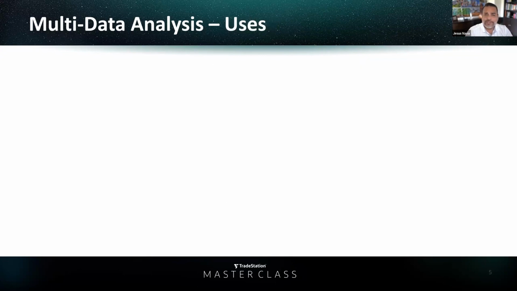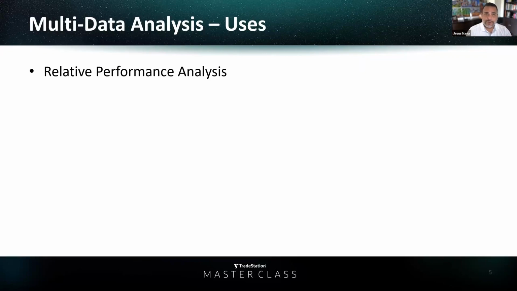What are some of the uses of multi-data analysis? What can you do? Relative performance, so performing one stock against another. That's an interesting concept. Also against the benchmark. If you follow, for example, the S&P 500, and you want to know how a particular stock compares to the performance of the index itself, that's called relative performance, whether it's outperforming or underperforming.